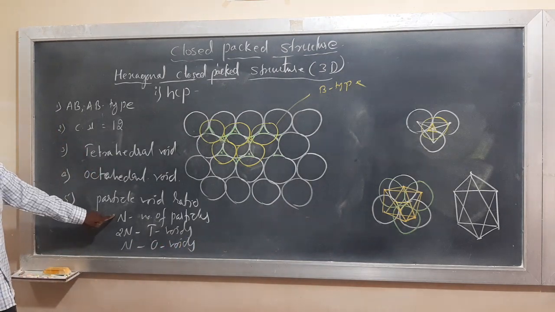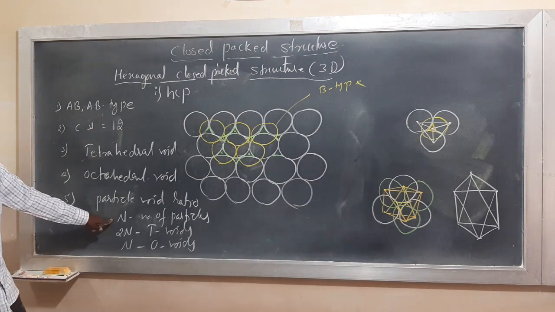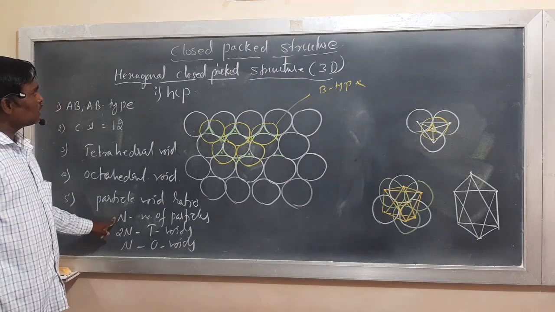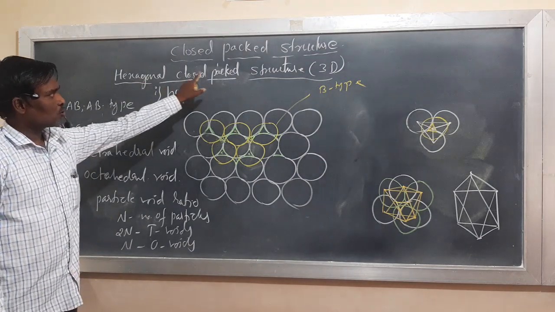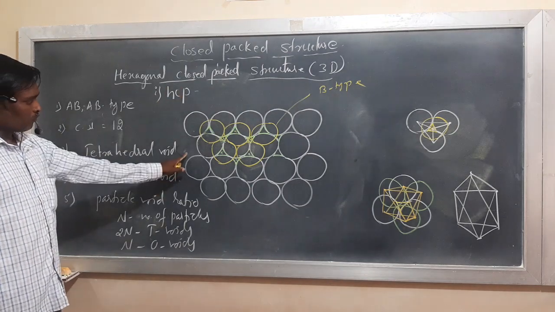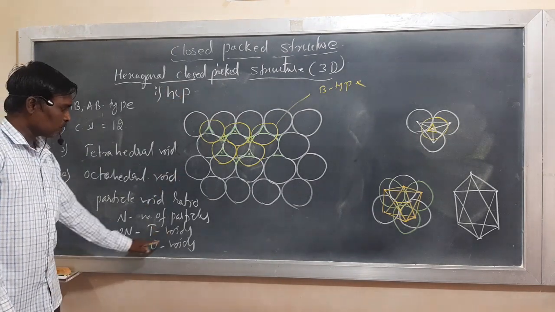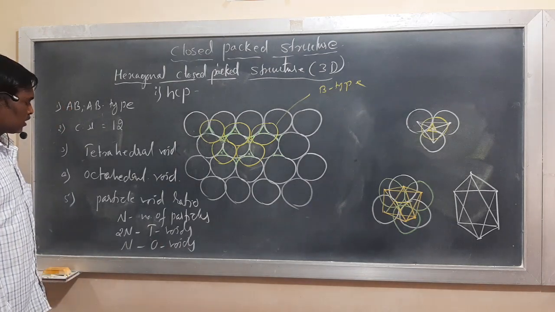Okay. So if I use n number of particles and arrange those in a hexagonal close packed manner in 3 dimensions, that forms 2n number of tetrahedral voids and n number of octahedral voids.